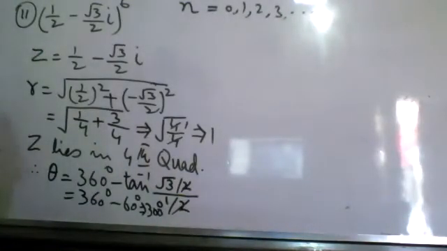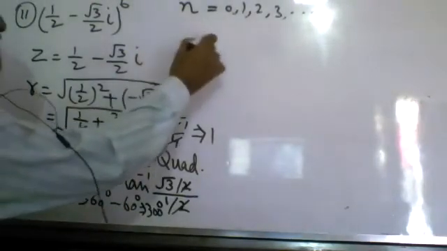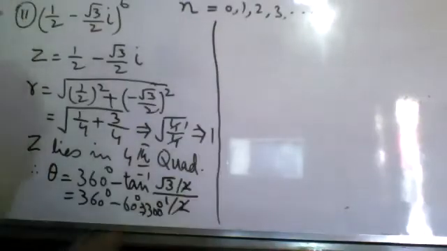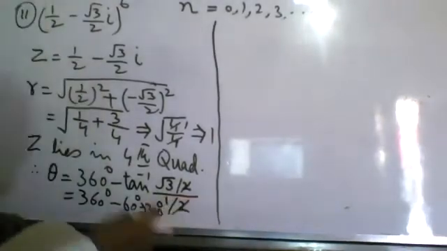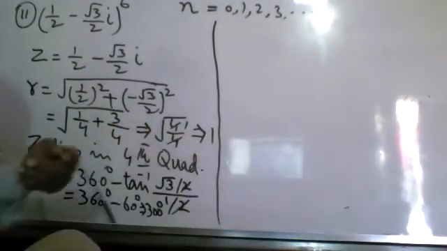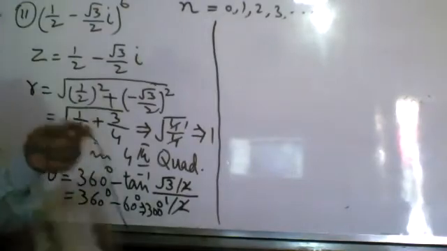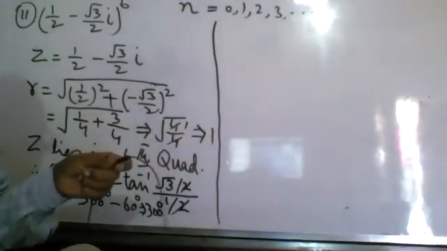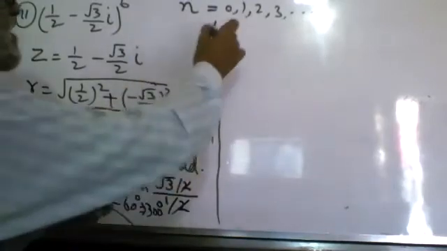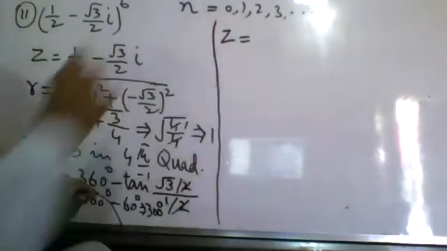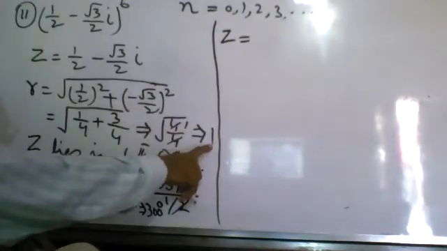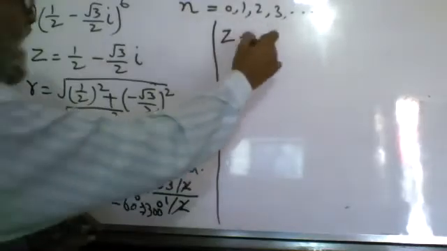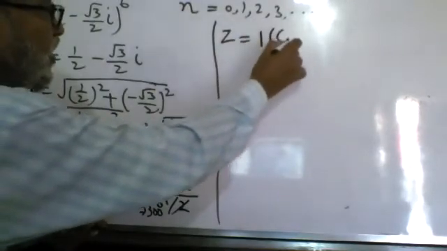Okay. So therefore, Z in polar form will become Z is equal to R, R we found 1, into cos of theta.